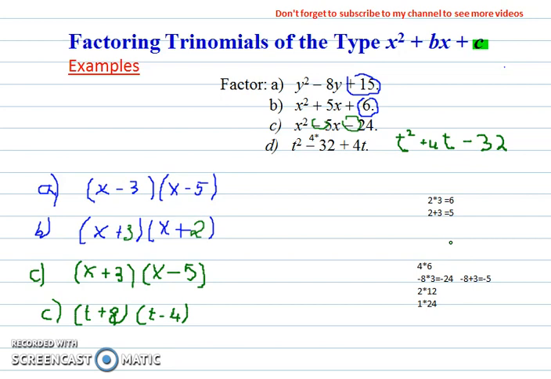So what's the product for c, and when you add these two factors, it gives you b. If c is positive, its factors will have the same sign as b. If c is negative, one factor is positive and the other will be negative. If the sum of the two factors is the opposite of b, changing the sign of each factor would give the desired factors whose sum is b.